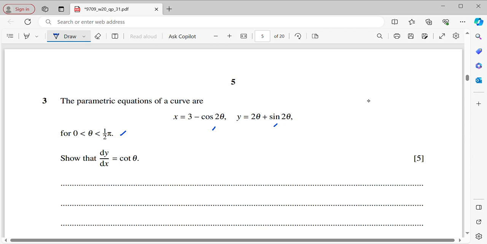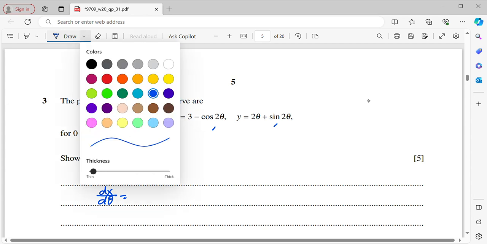So to get this dy/dx, we need to apply the chain rule, which means from the x, since this is in terms of theta, you have to get dx over d theta first. When you differentiate 3, it will be 0 because there's no theta. Differentiate negative cos 2 theta.